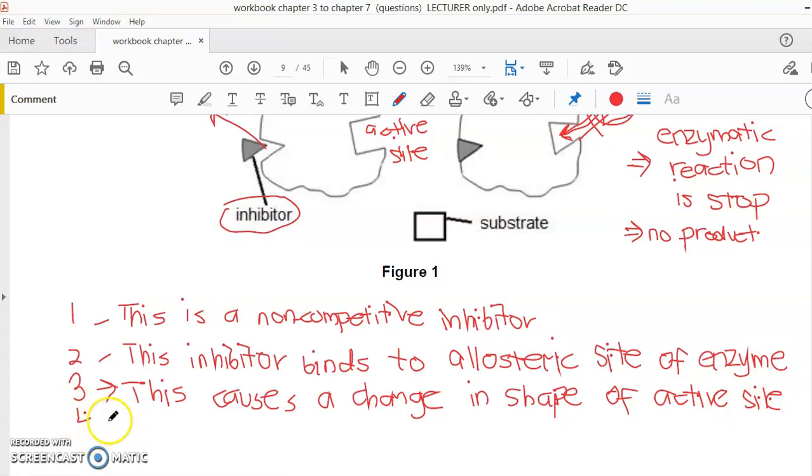Thus, what would the consequence be in this case? Okay, let me write it down first.